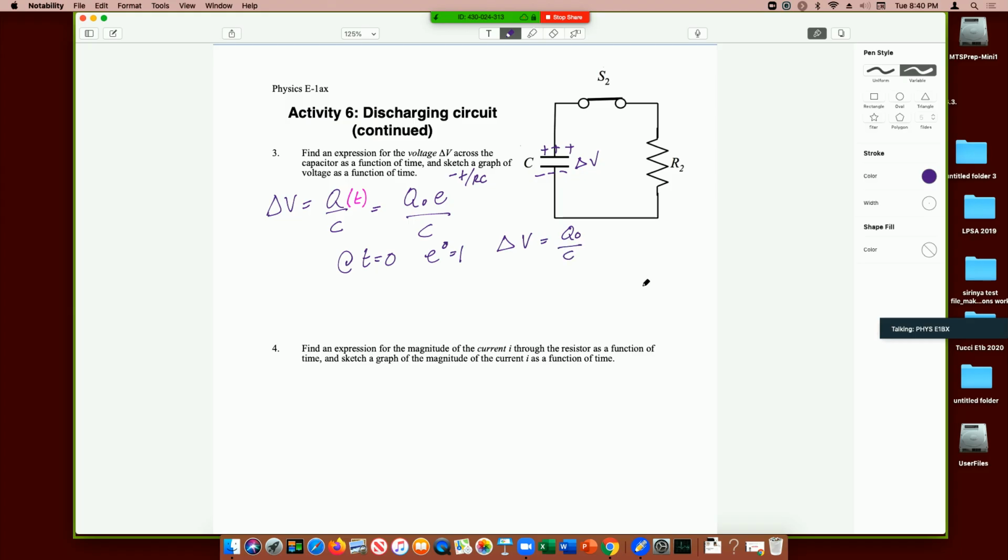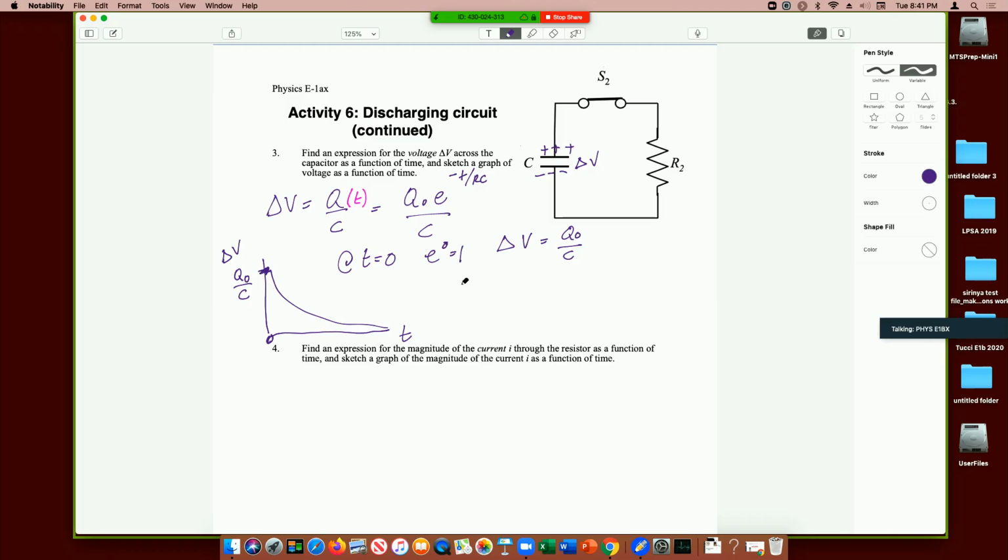If I were to graph this, the shape would be exactly like the shape we had before. On my y-axis I'm going to have delta V, and here I'm going to have t. When t equals 0, what does the voltage equal? It equals the full charge, Q naught, divided by C. So it starts from a point of Q naught over C, and then it drops off exponentially, just like the charge did.